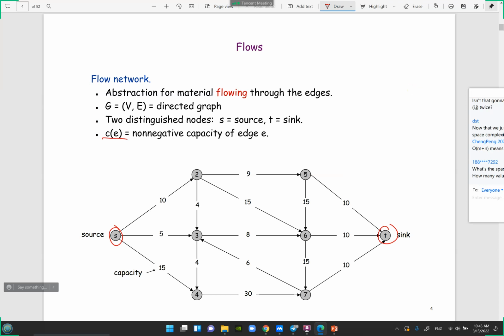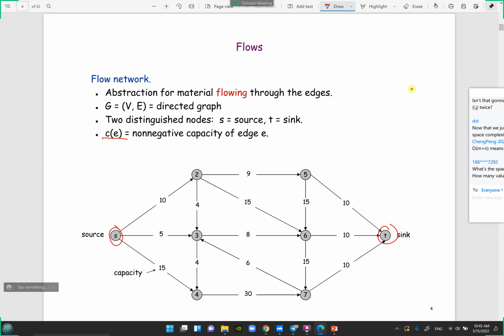Now what you're trying to do is send stuff. Imagine that these edges are actually physical pipes, and the capacity is how much water can go through a pipe. Like, this pipe allows you to send 10 gallons per second of water, and this pipe is smaller, so you can only send 5 gallons.